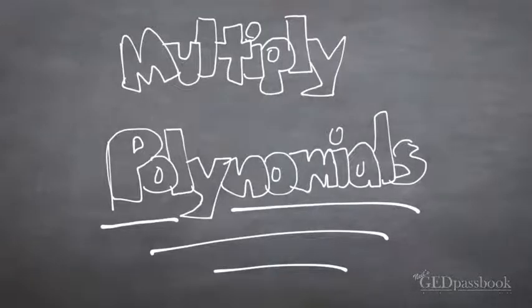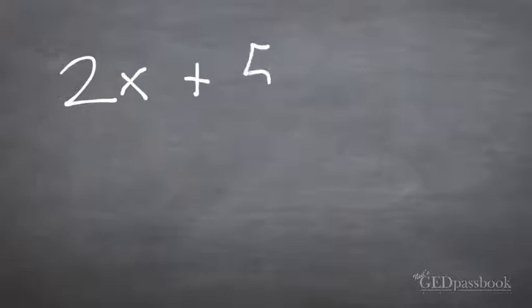So, yesterday we went over combining like terms, aka simplifying polynomials. More specifically, adding and subtracting polynomials. That's what we did yesterday, if you really think about it. We went over stuff like 2x plus 5x.